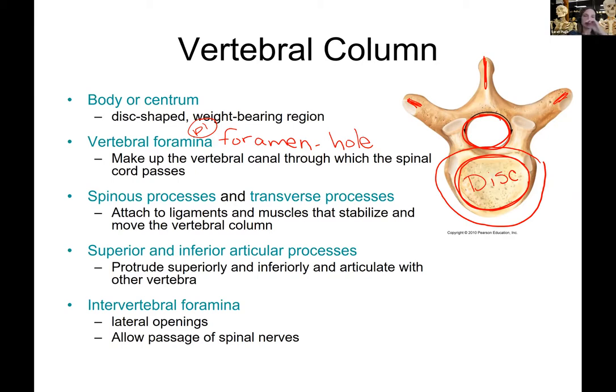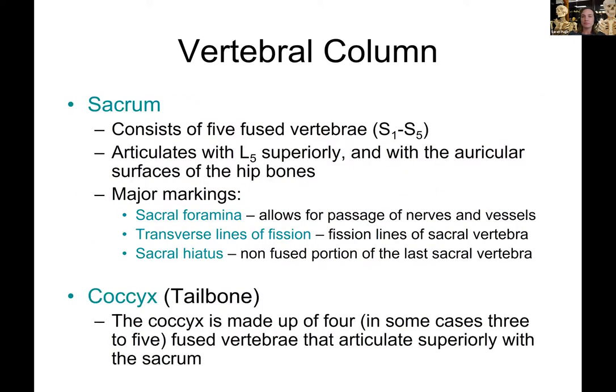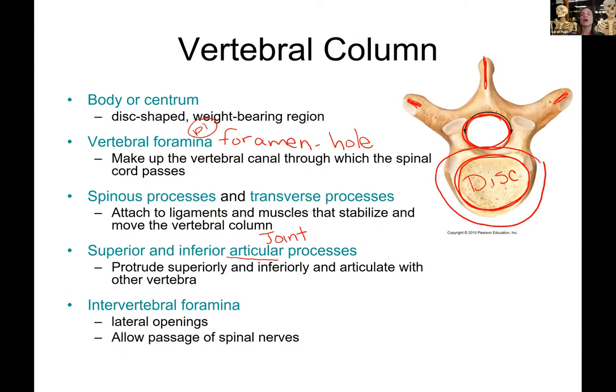You also have a superior and an inferior articular process. So the term articular or articulation, again, remember it means joint. So a superior articular process is going to form a joint with the vertebrae above it.